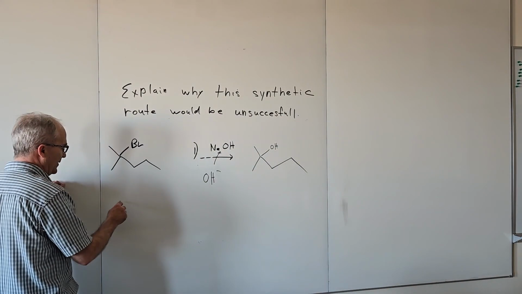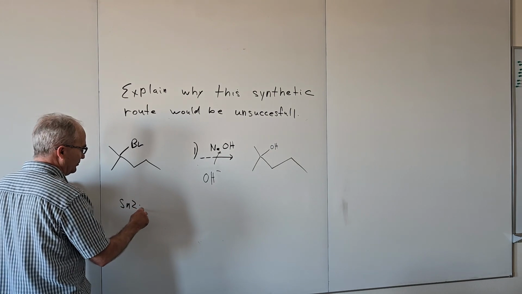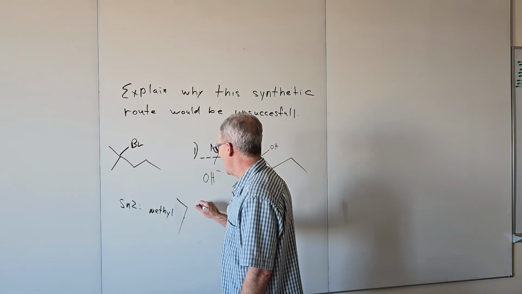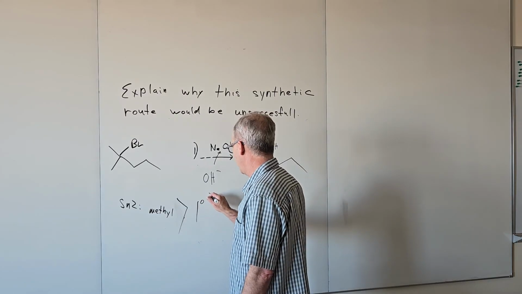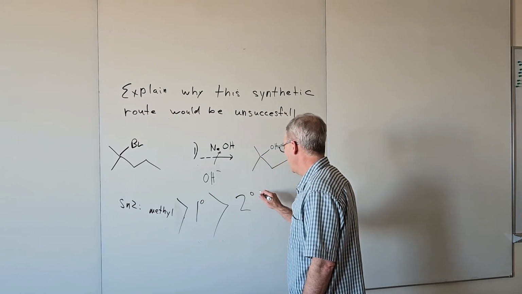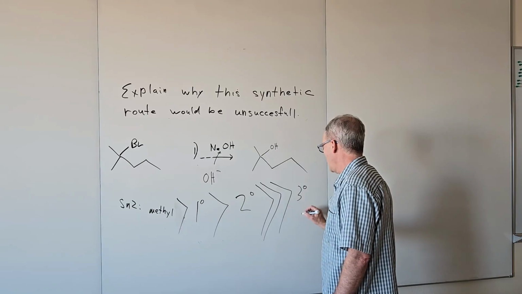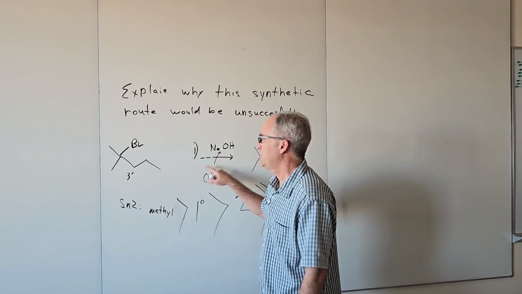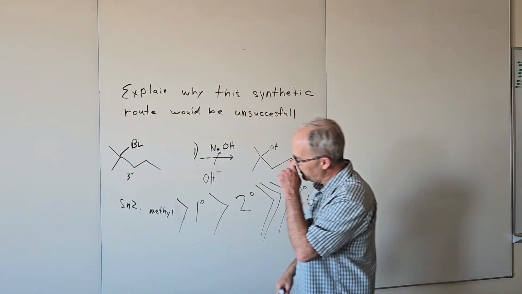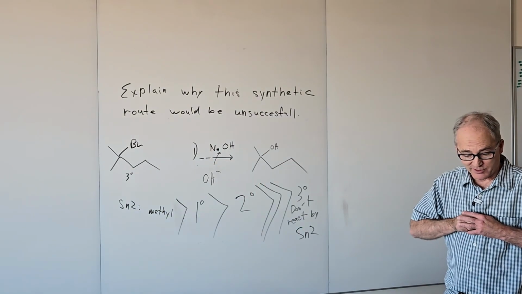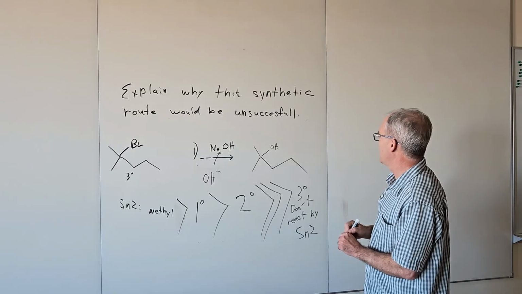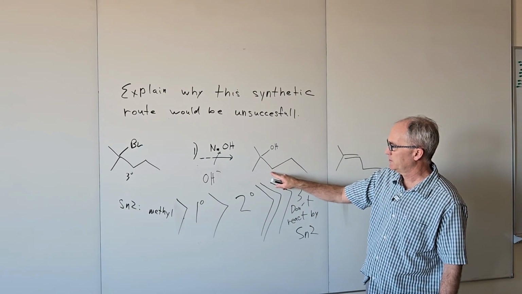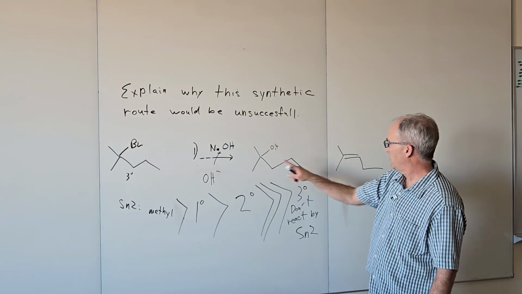We learned that for SN2, methyl was the most reactive, followed by primary alkyl halide, followed by secondary, and then tertiary. Tertiary alkyl halide: this nucleophile doesn't want to get in there. What would be the product? We don't form much of this, so it would do elimination. It could pull off hydrogens here, that eliminates, and puts the double bond there.